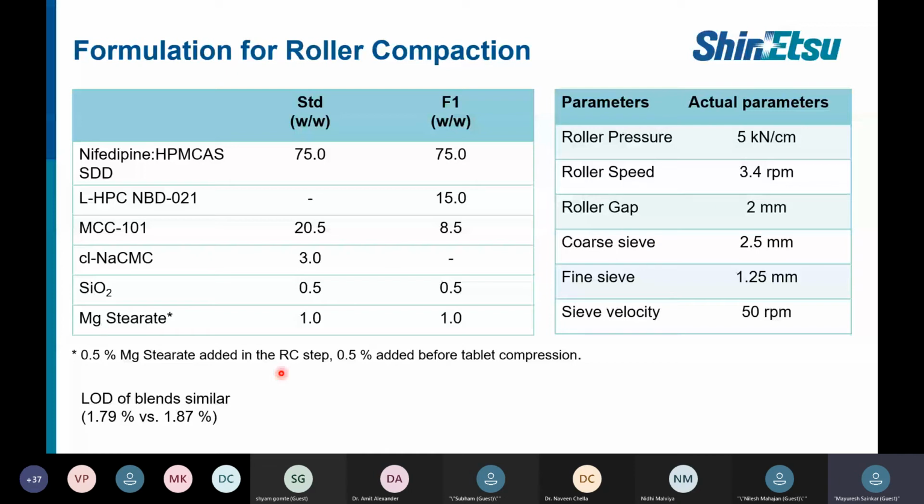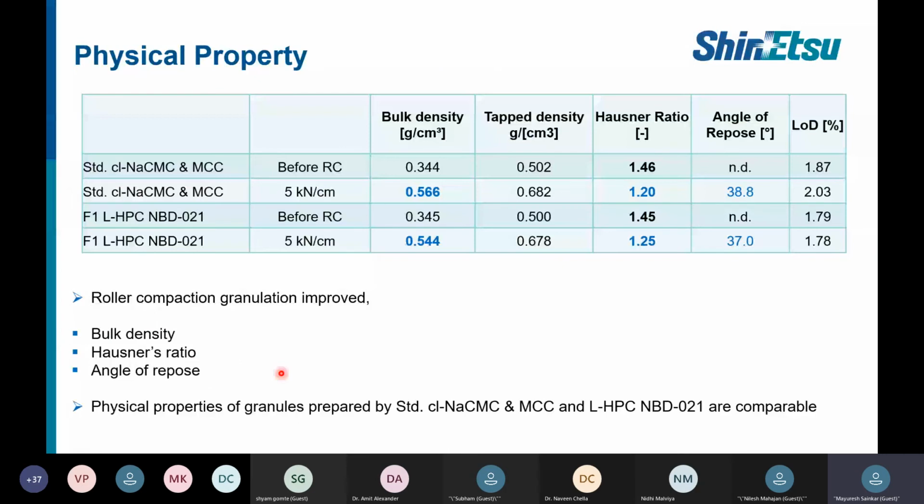physical properties. You can see on the next slide, before roller compaction there was very poor flow of the powder, and that's why there was a need for the downstream process. With the standard croscarmellose sodium MCC mixture, there was a slight improvement in the angle of repose.